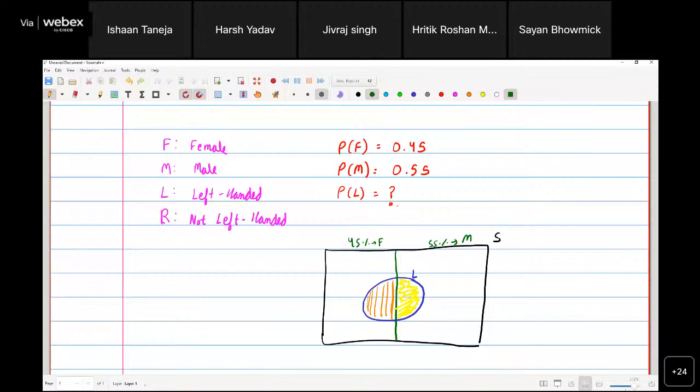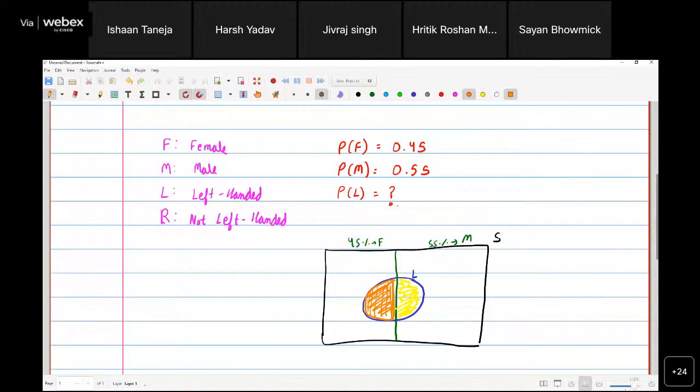So what is the orange region? What does this orange region specify over here? Female left-handed. It is 9% of 45% females. They are left-handed females, right?